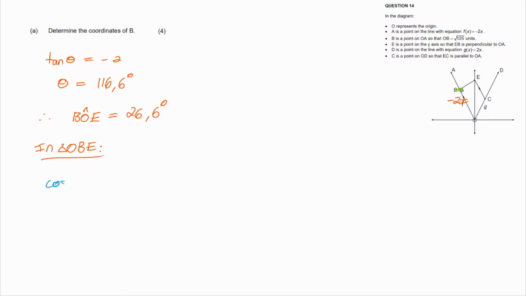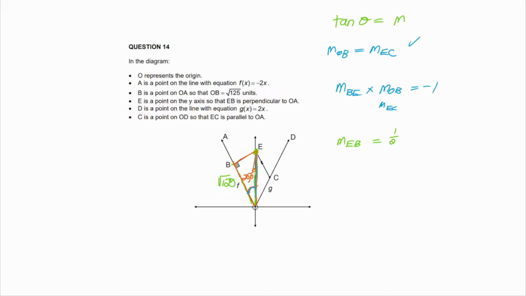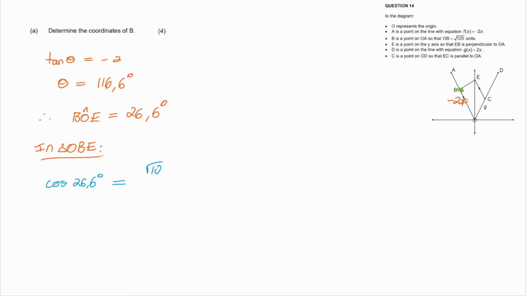So cos of 26,6 degrees is equal to my adjacent, which is root 125, over my hypotenuse, which is OE, what I'm trying to find.